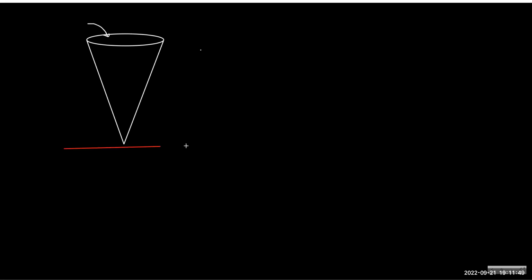So if I choose this as the origin, and if I choose the axis of the cone as the y, the biggest radius, let's call it capital R, and the total height, let's call it capital H.